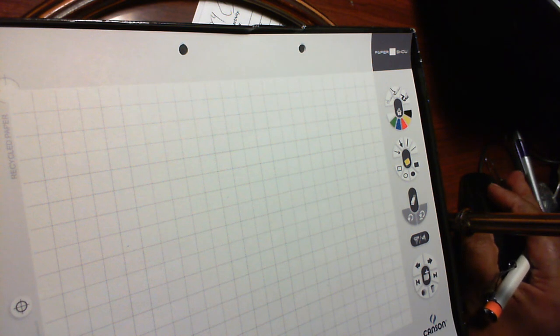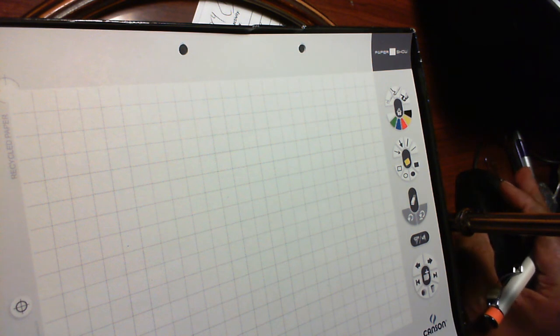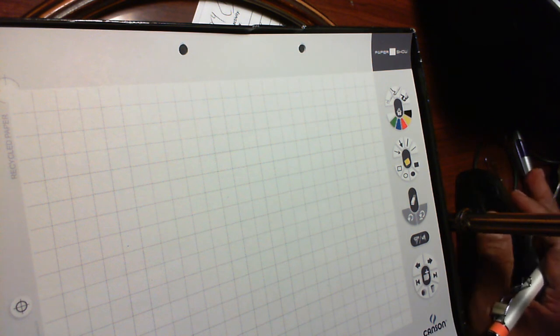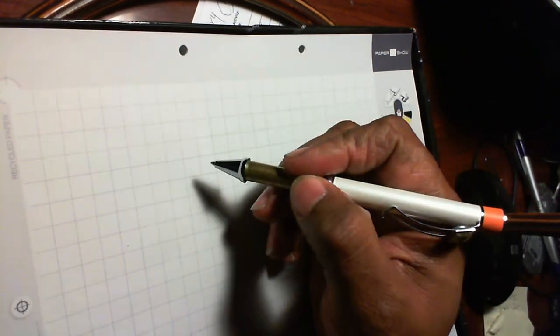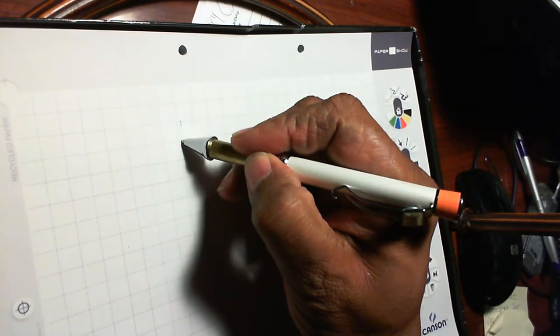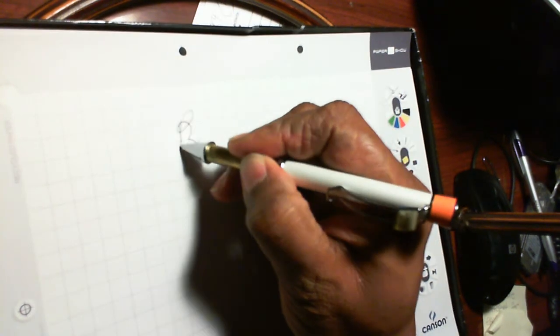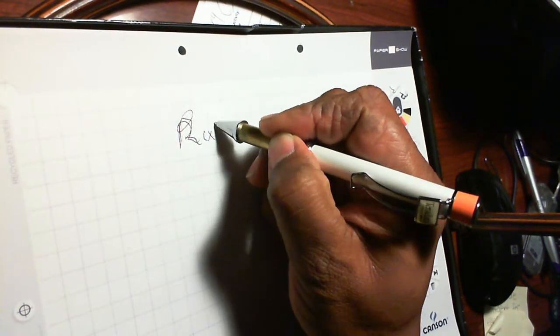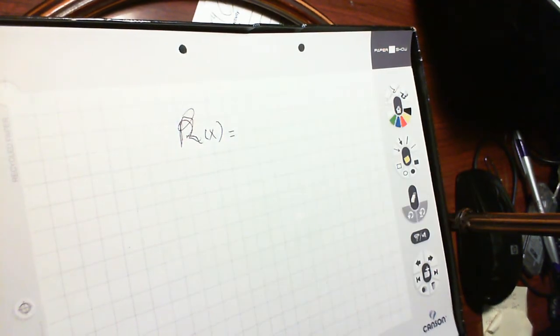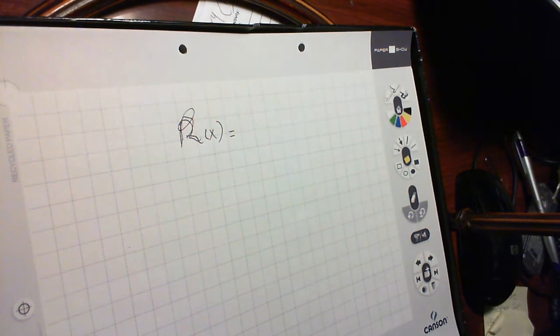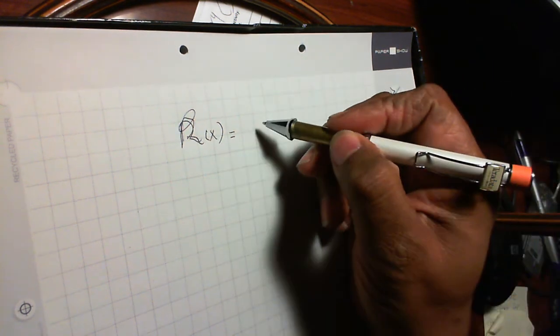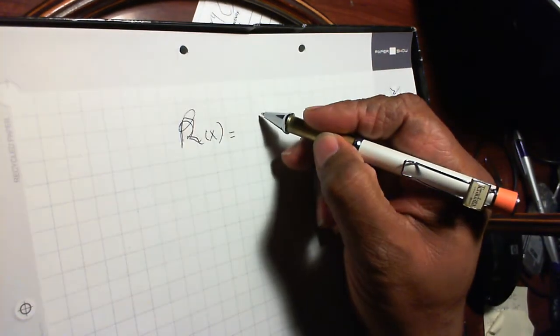Okay, this week we have an interesting chapter on rational functions. Let me first of all define what rational functions are. A rational function, let's use the term R to represent a rational function, is the division of two polynomials.